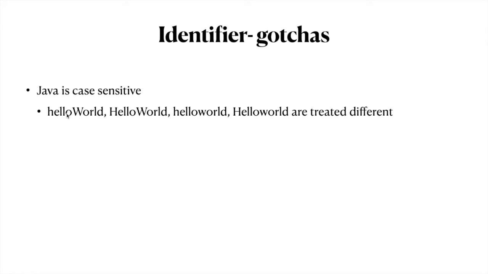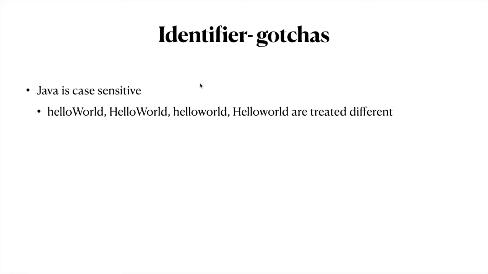So this hello world identifier and this hello world identifier, this one and this one, are totally different identifiers in Java. So if we define four variables or identifiers with these letters, these are treated differently. They are not the same.